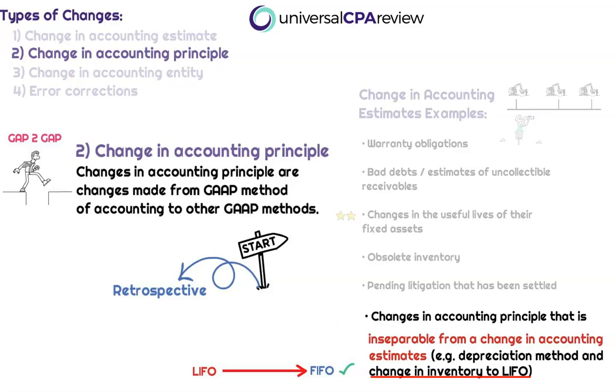It's only any change from one inventory method to LIFO that would be inseparable. Another change that we need to reiterate is inseparable is a change in depreciation methodology. Technically, that is a change from one US GAAP reporting method to another, but it is considered inseparable from a change in accounting estimate. It's essentially indistinguishable. So both of those situations would be treated prospectively.